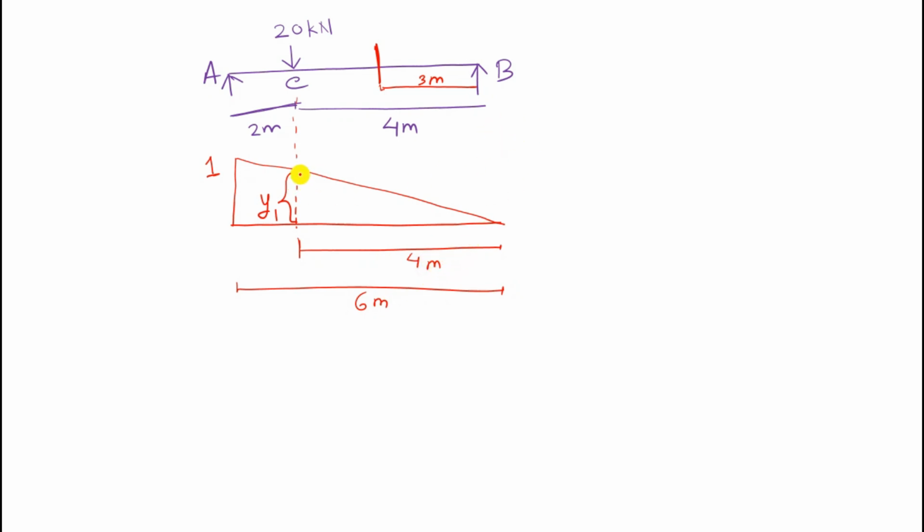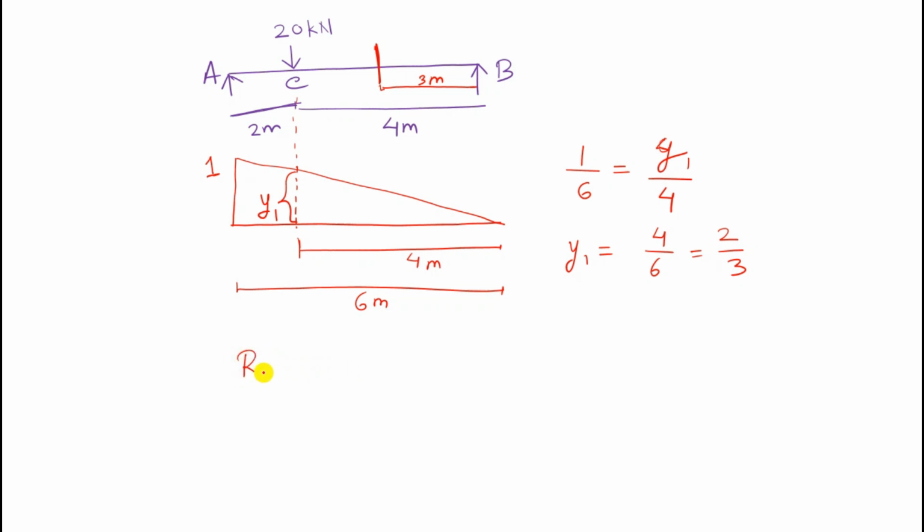So from the similar triangle, we can write 1 by 6 equals y1 by 4. Hence y1 equals 4 by 6, that means 2 by 3.